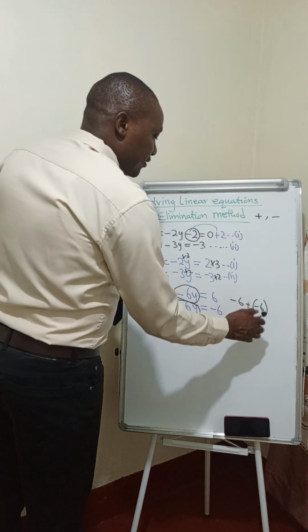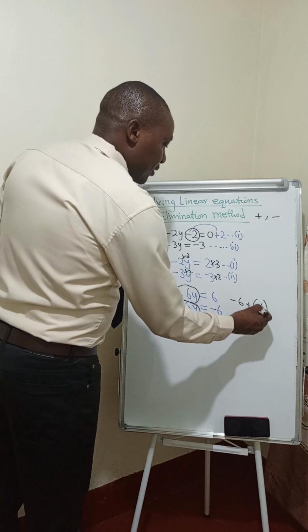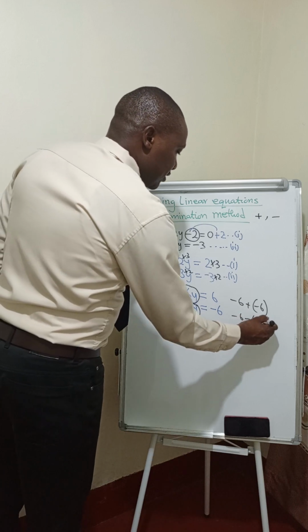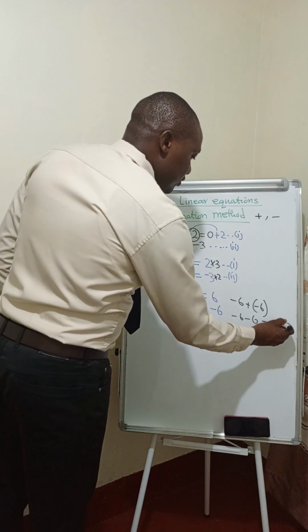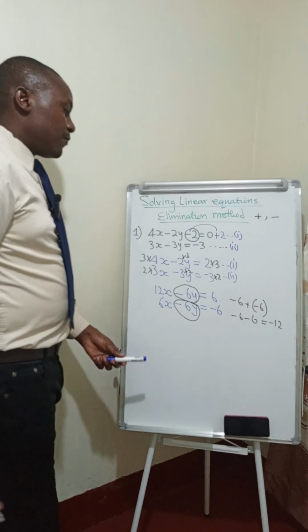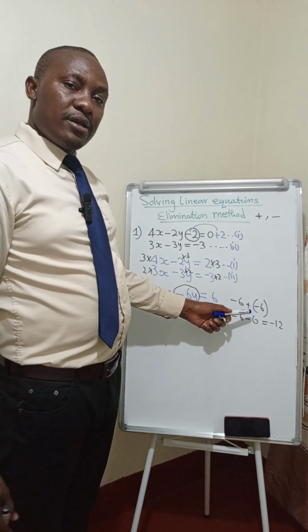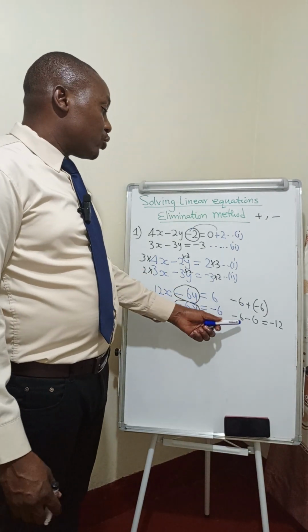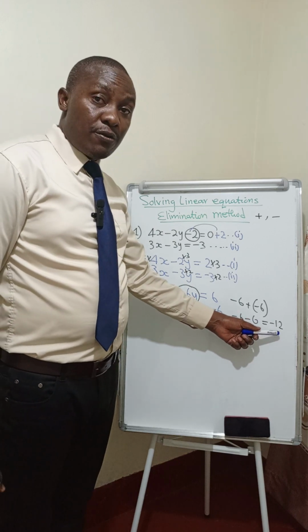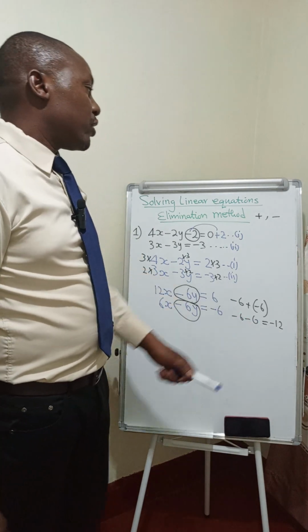Positive times negative will be negative. So if we do addition here, it means we can't eliminate the y because we are going to get negative 12y. So we can't do addition.